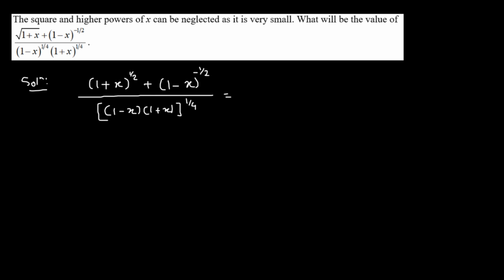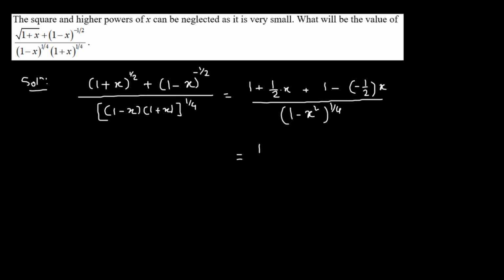So this gives us 1 plus half times x plus 1 minus negative half times x divided by (1 minus x squared). We are applying the identity: (1 minus x) times (1 plus x) is equal to (1 minus x squared) raised to the power 1/4. So we add the values.